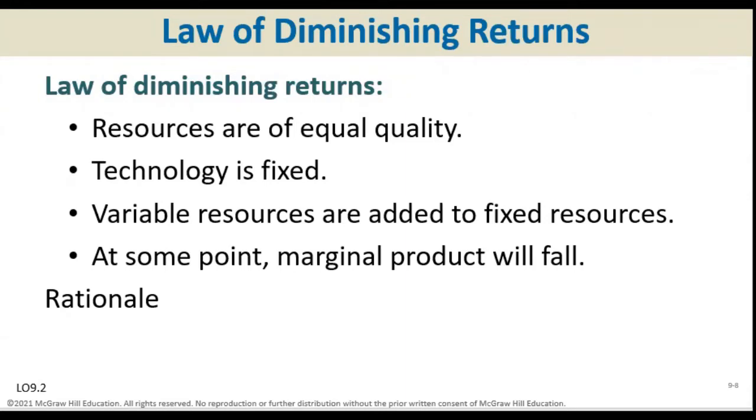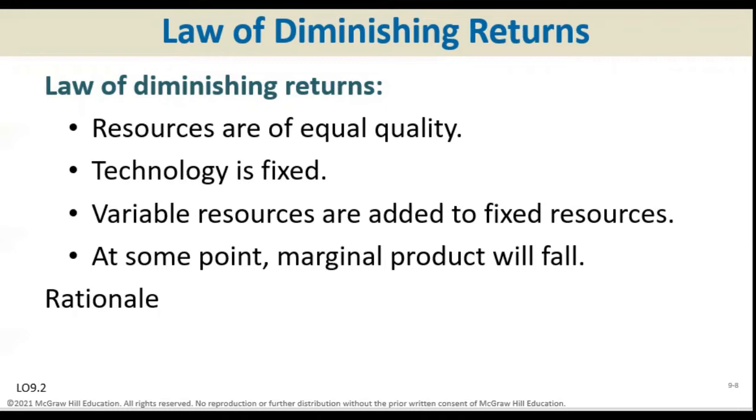At first it will be rising at an increasing amount, because the machinery is being used and you have that excess capacity. But at a certain point, once you get to full capacity, you exhaust all that excess capacity. What you realize is you have too much labor added to that fixed resource.